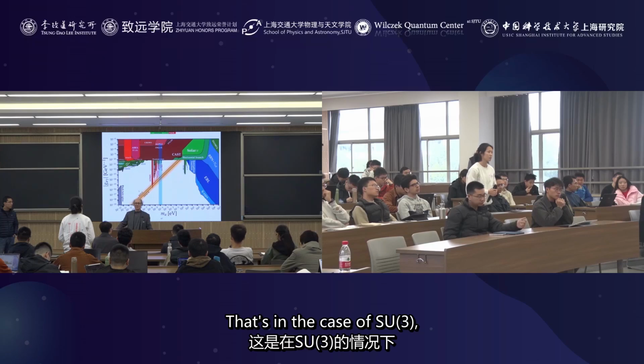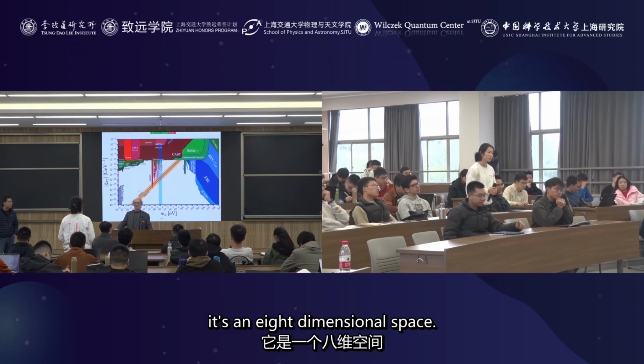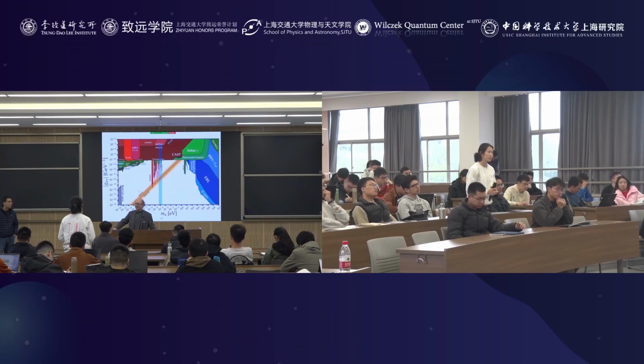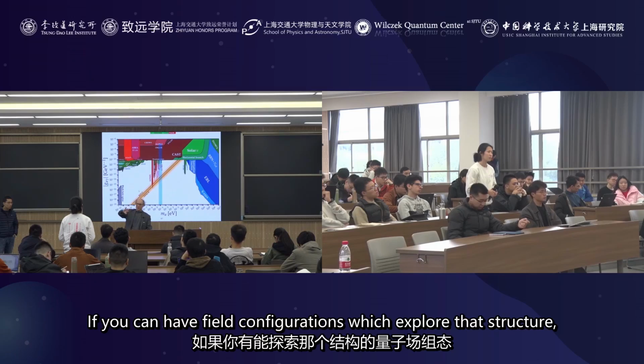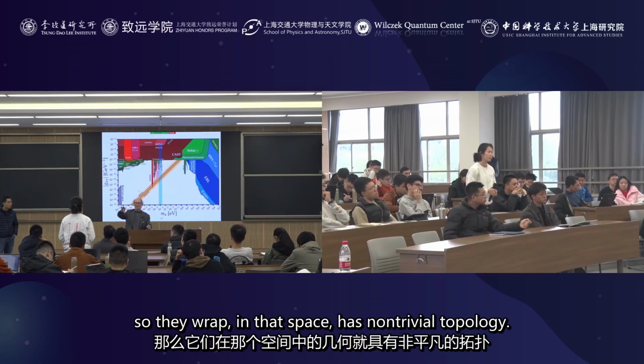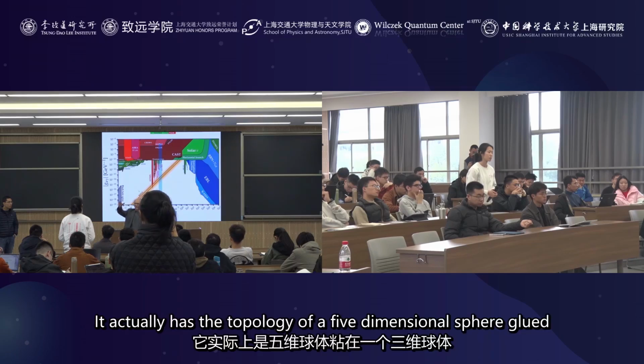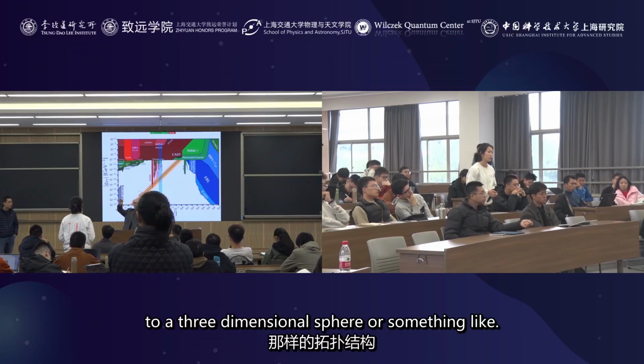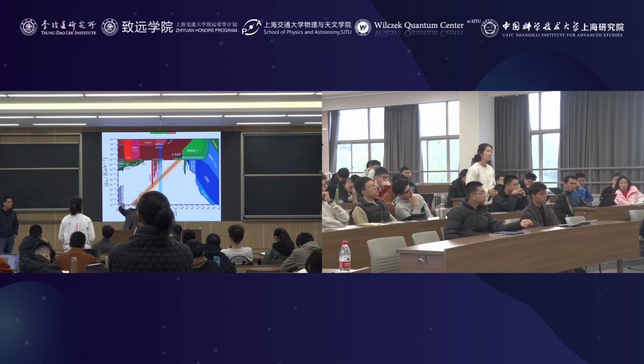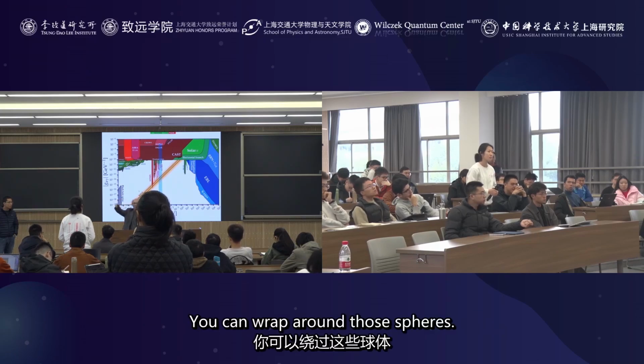In the case of SU(3), it's an 8-dimensional space, and it has structure, and you can have field configurations which explore that structure. So they wrap in that space. It has non-trivial topology. It actually has the topology of a 5-dimensional sphere glued to a 3-dimensional sphere or something like that. And so you can wrap around those spheres.